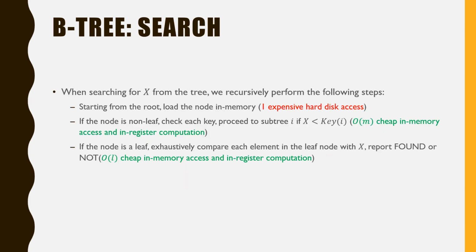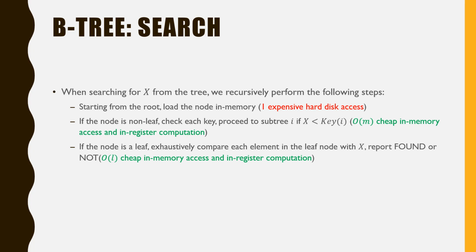Now that we have defined the 5 B-tree properties, we can proceed to discuss its search, insertion, and deletion operations. Let's start with the search operation. Given a target X, the search process begins at the root node. We perform one disk access to load the information stored in the tree node into the main memory.